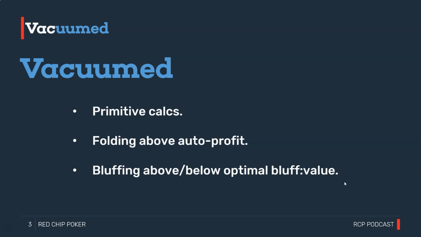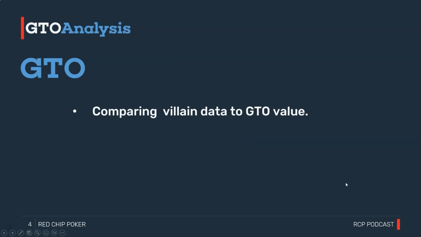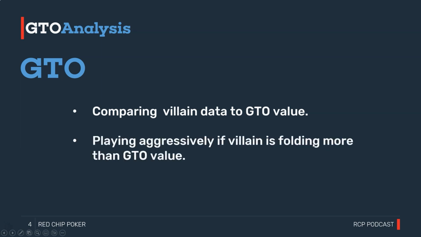Now let's get on to the more mainstream technique used to derive exploitative strategies, which we'll refer to as GTO analysis. So the idea here is rather than compare pool data to primitive values, such as pot odds or automatic profit thresholds, we compare pool data to approximated GTO values.